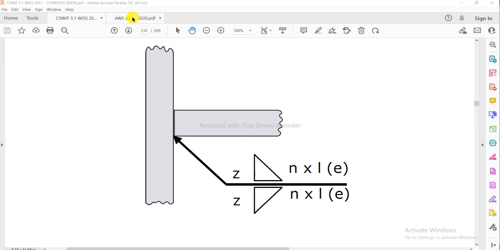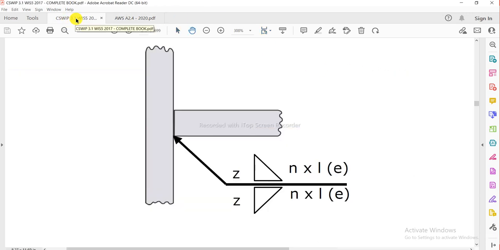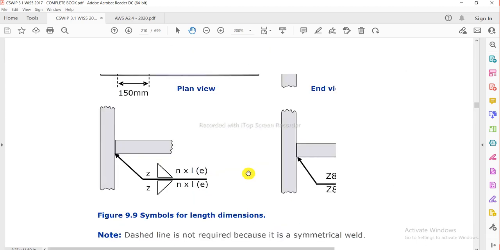We are going to explain the nomenclature Z, N, L and E.